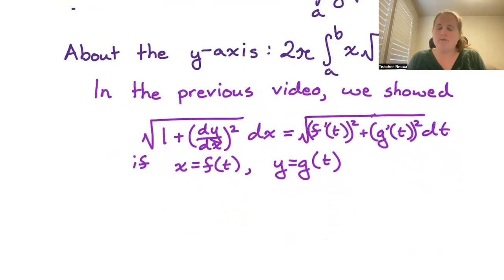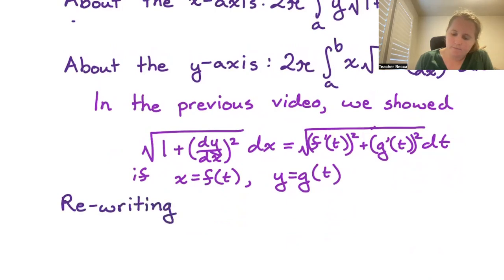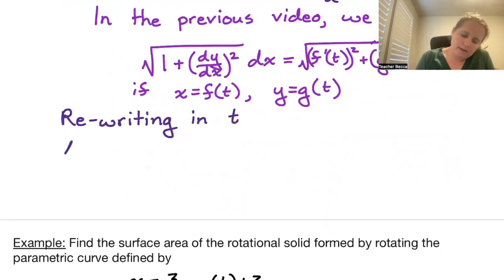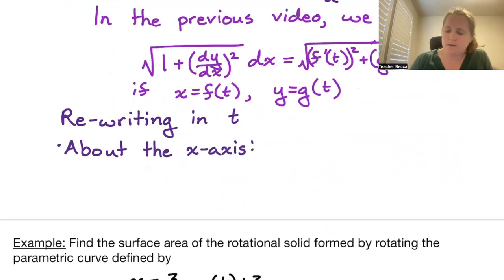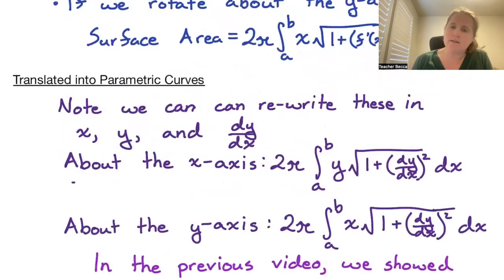So if our x is f of t and y is g of t, we can now just rewrite this entire thing with t's. So rewriting in t, we have about the x-axis, 2 pi times the definite integral from t naught to t1 of y.